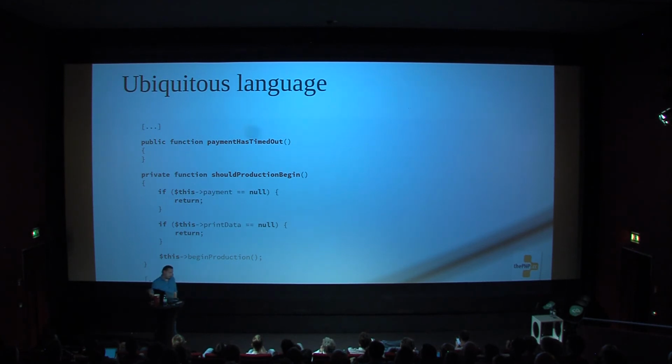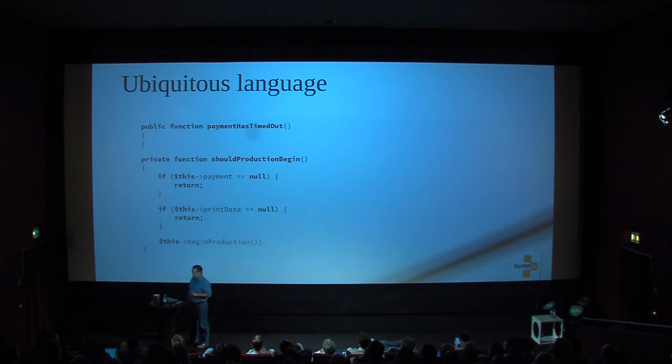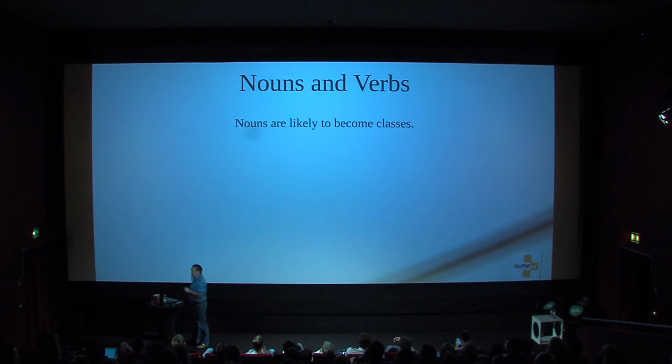This is what you get if you take a shot at domain-driven design and really manage to keep all the technology out. This will work well if you do not attempt to create one big model. You need to create many small models. That's on some slide that's going to come up, I think. One way of getting there is playing nouns and verbs.